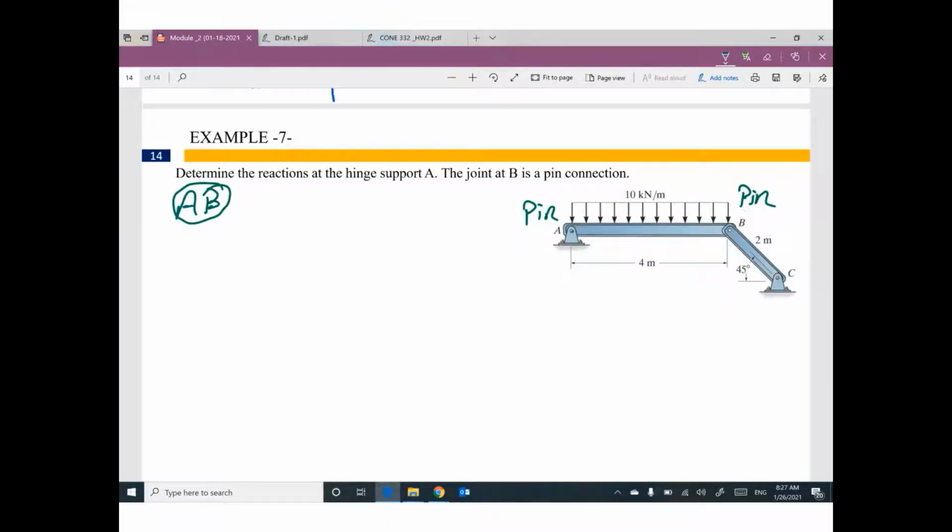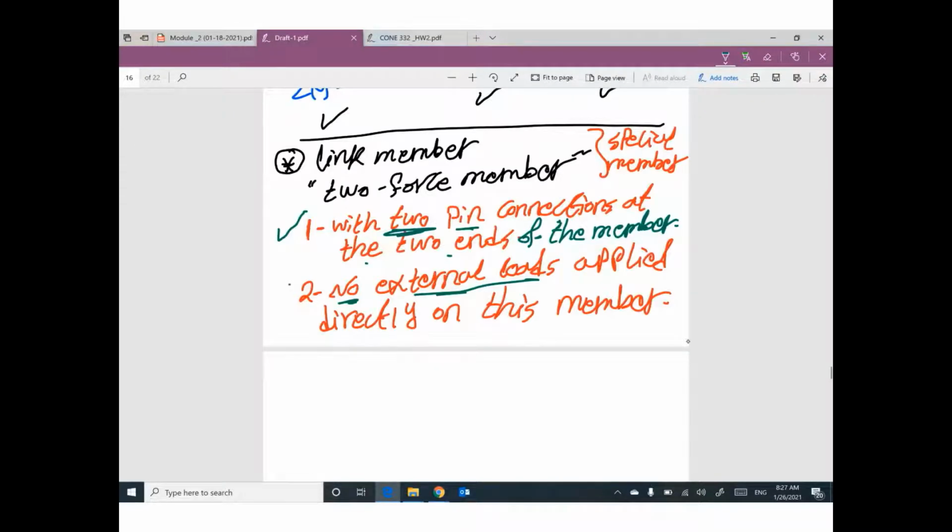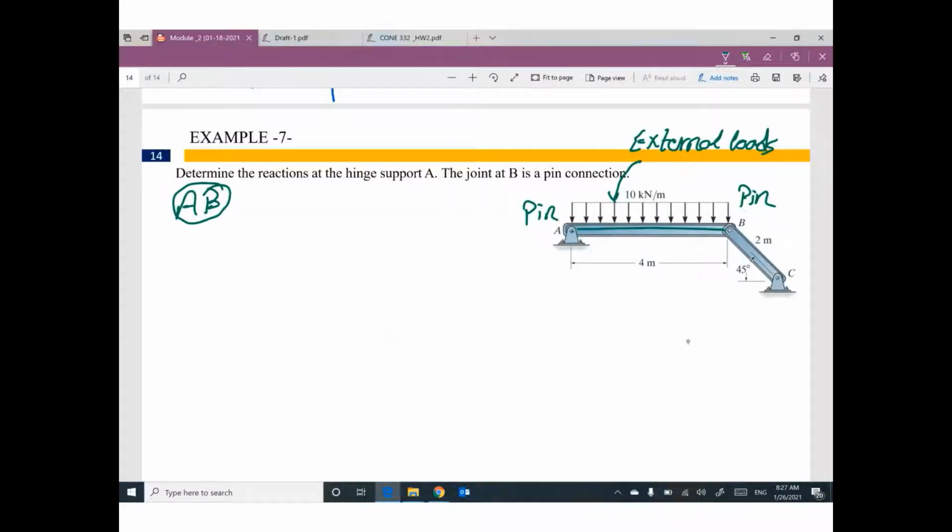Unfortunately, member AB, we have external load directly applied to the member. That makes sense? So the second condition is not okay. That means member AB cannot be considered a two-force member. So please try another one.